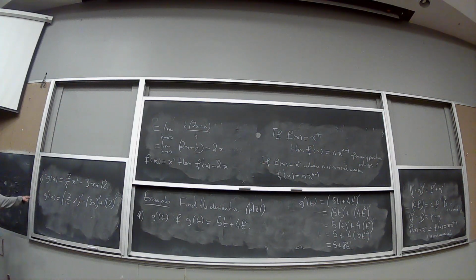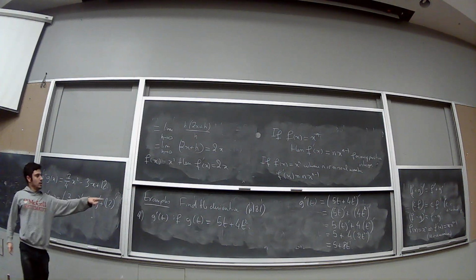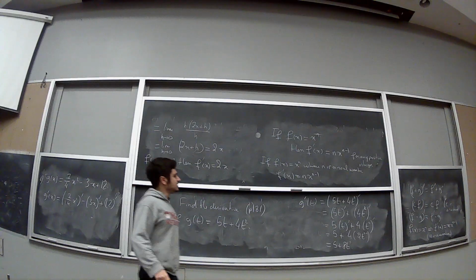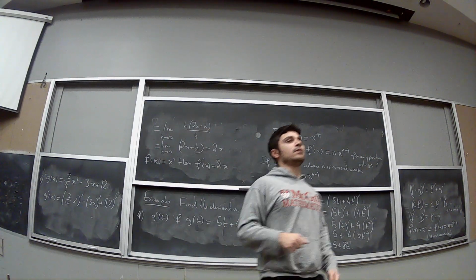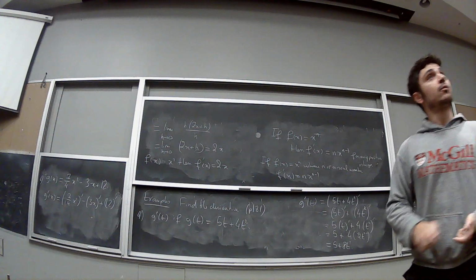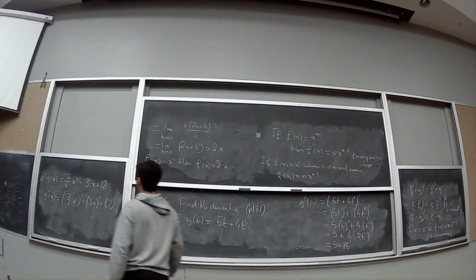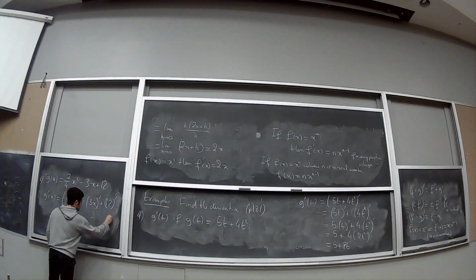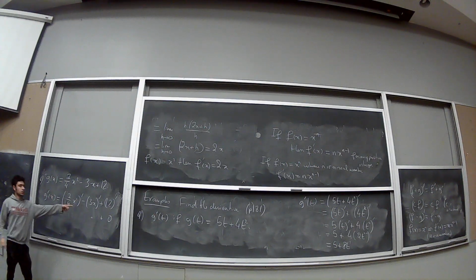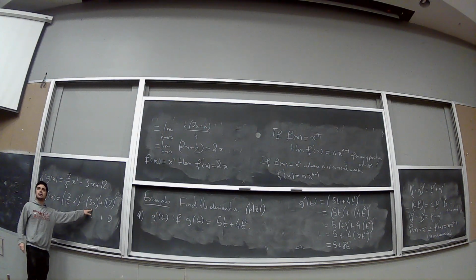Great. What's the derivative of a constant? If c is a constant, the derivative of a constant function is what? 0, right? So the derivative of 12 with respect to x is 0.